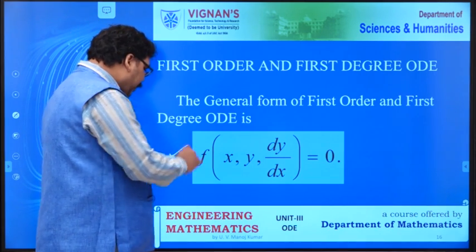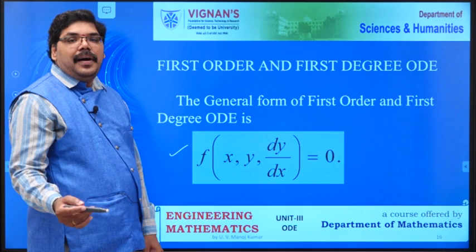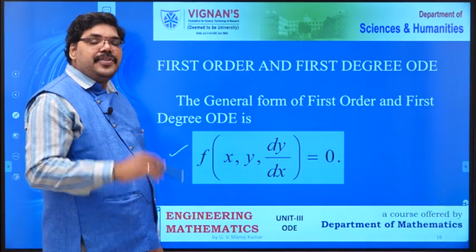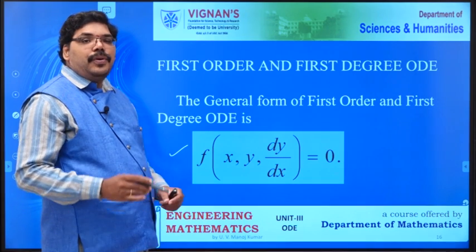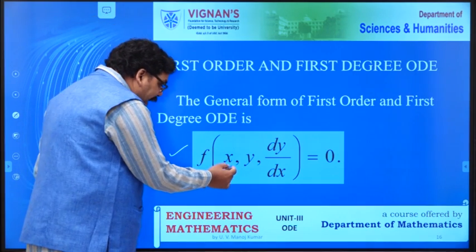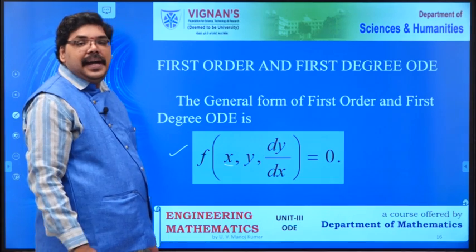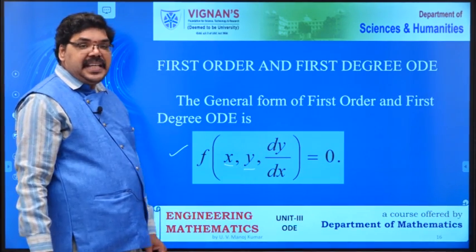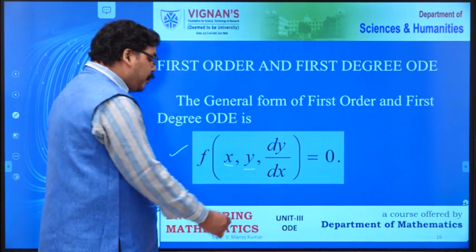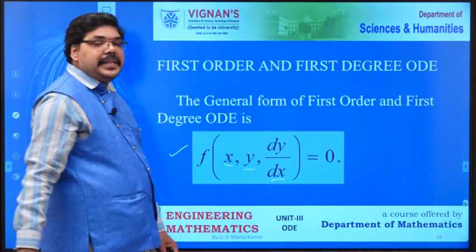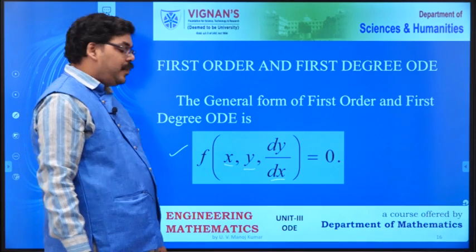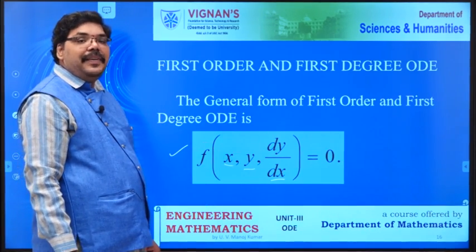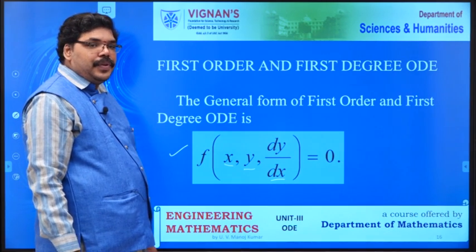What is this expression? You are dealing with first order first degree differential equations. So here x is the independent variable, y is the dependent variable, dy by dx is the derivative of first order.